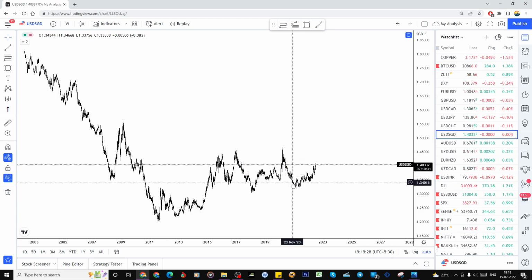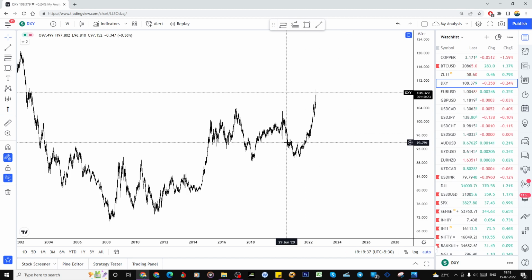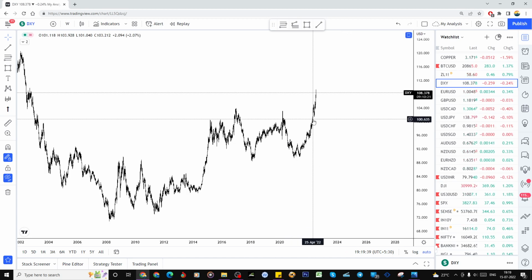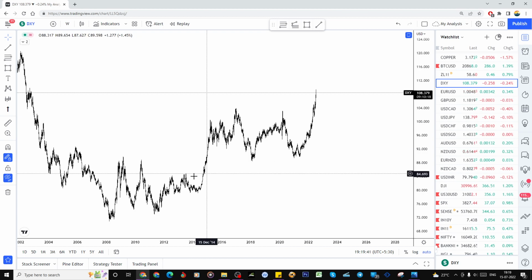This one. So I'm looking at this formation in DXY. Whether it may or may not, I'm just keeping the previous analysis, previous structure, fractals.